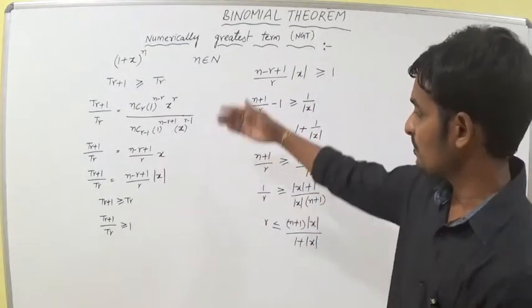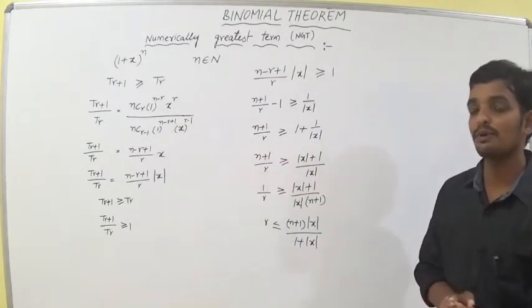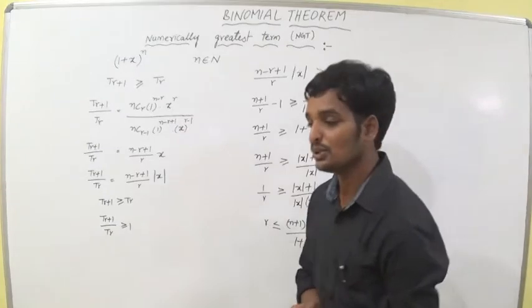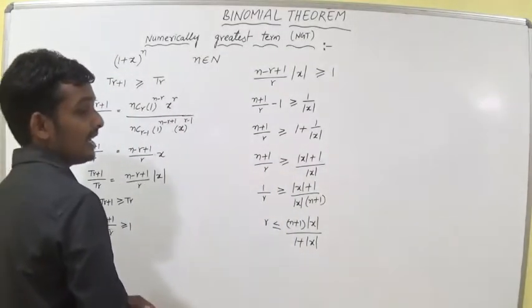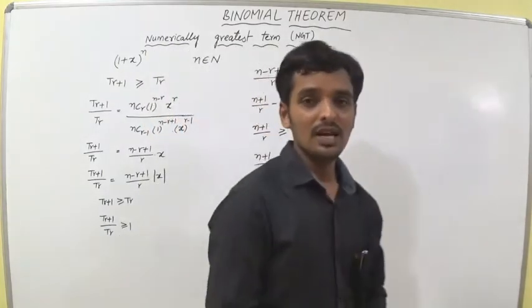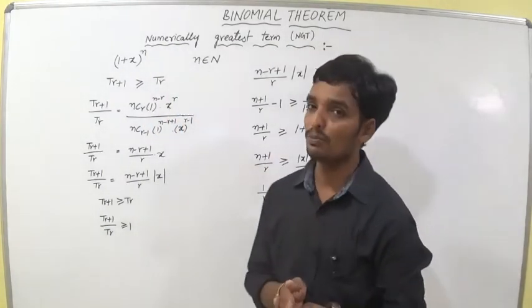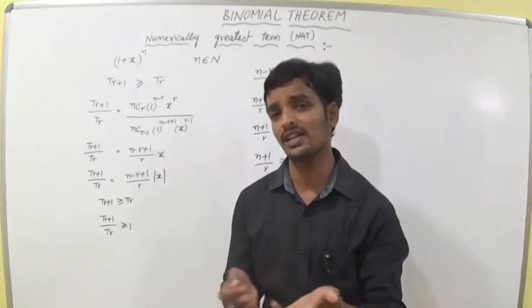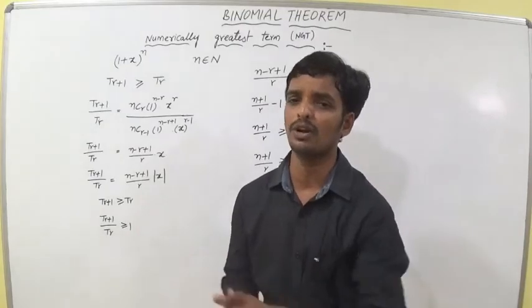Why did we do all this process and come to r is less than or equal to (n plus 1) into mod x by (1 plus mod x)? Because we want to find which term is numerically greatest in a binomial expression, either (1 plus x) whole power n, or (a plus b) whole power n, or (x plus y) whole power n, or (1 minus x) whole power n, or (3x minus 4y) whole power n, or whatever.